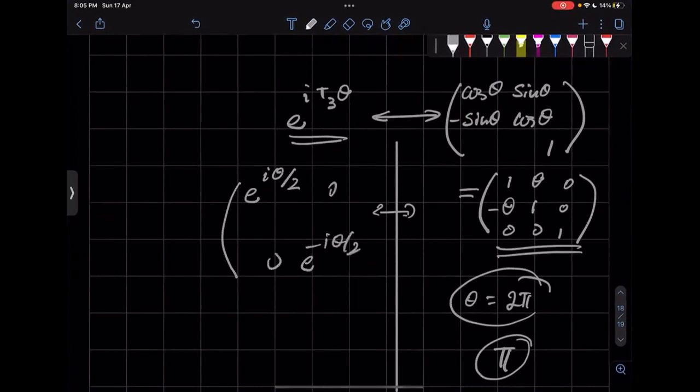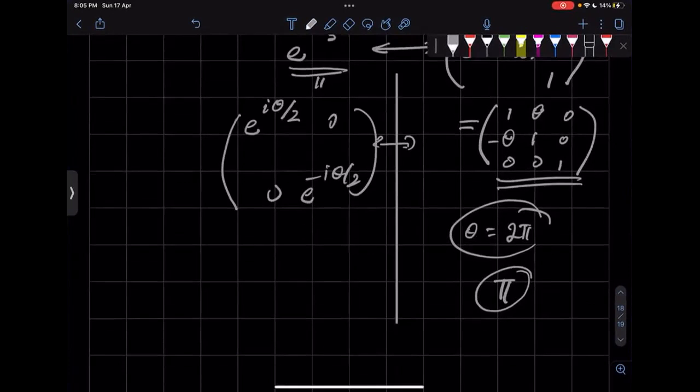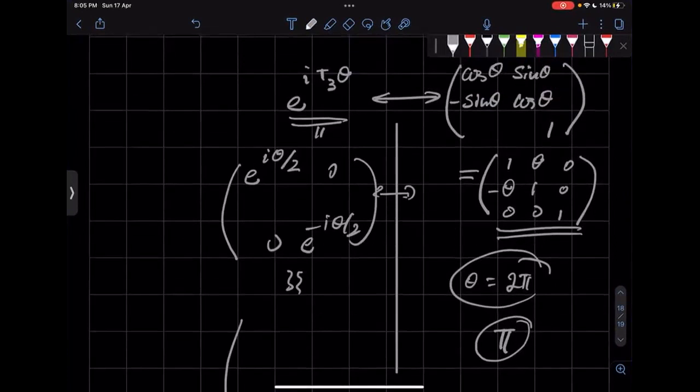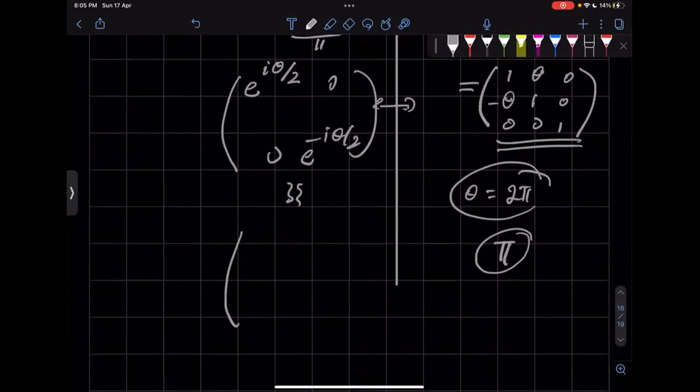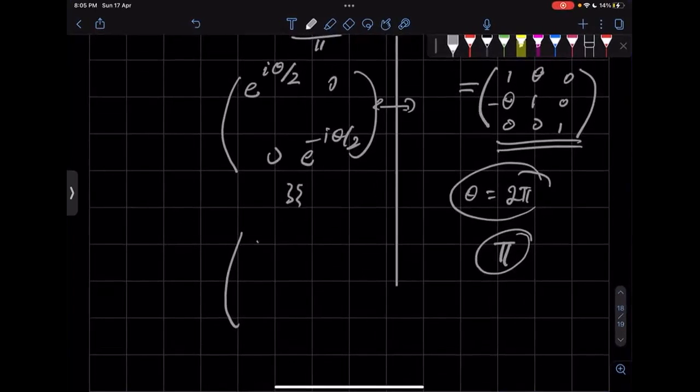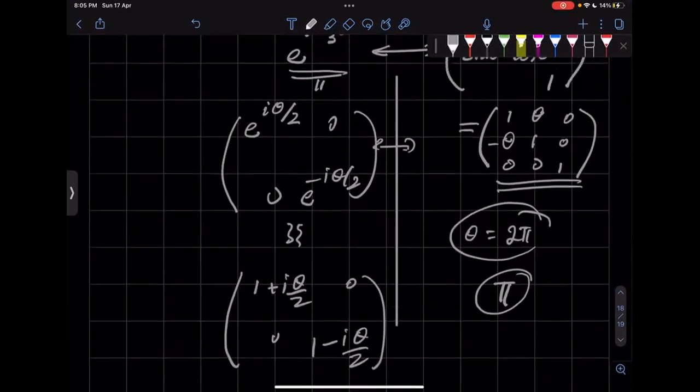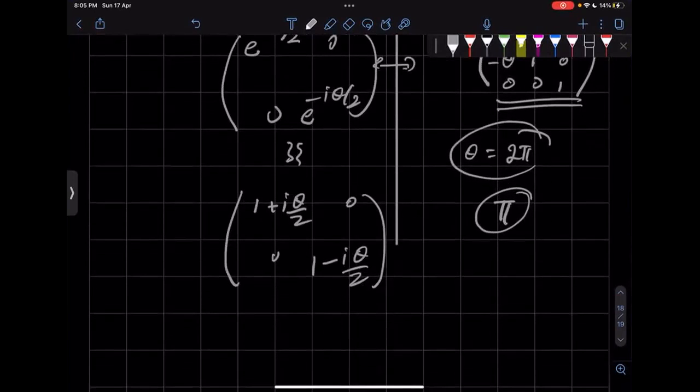This is what this matrix is. So for small values, this is 1 plus i theta by 2, 0, 0, and 1 minus i theta by 2. So this is SU2 for small values of theta.